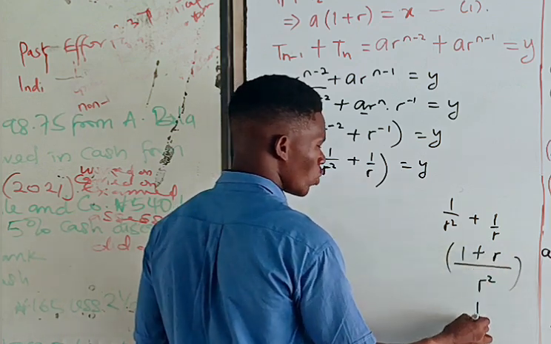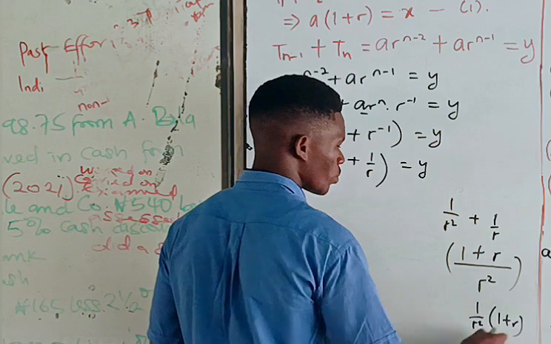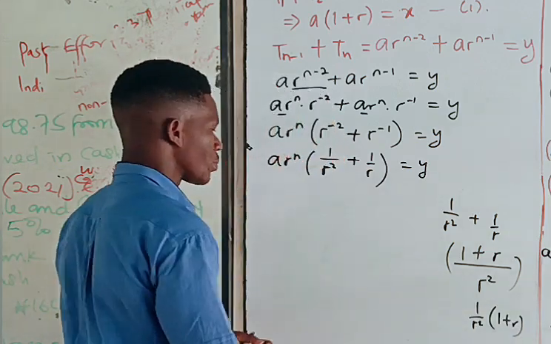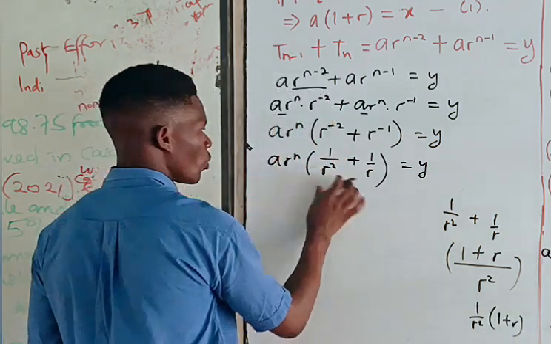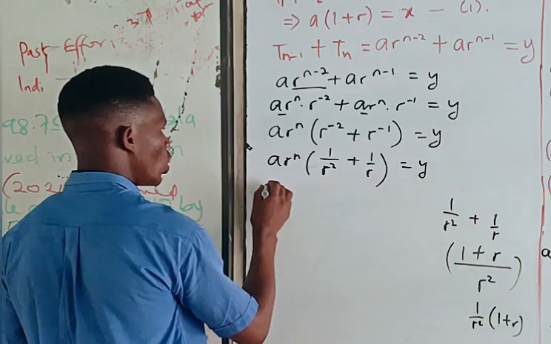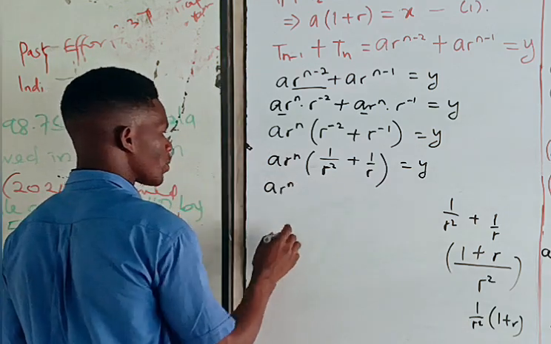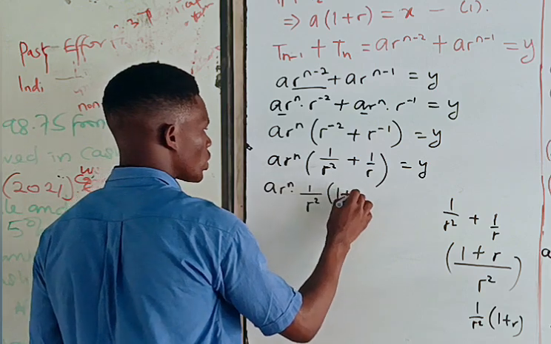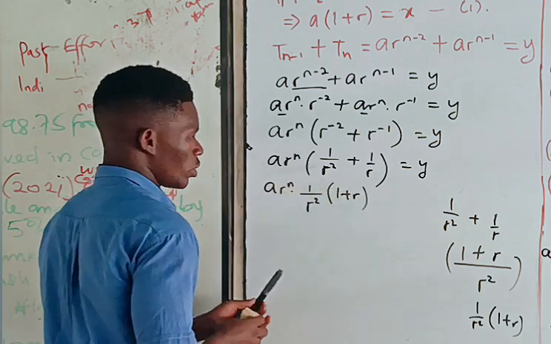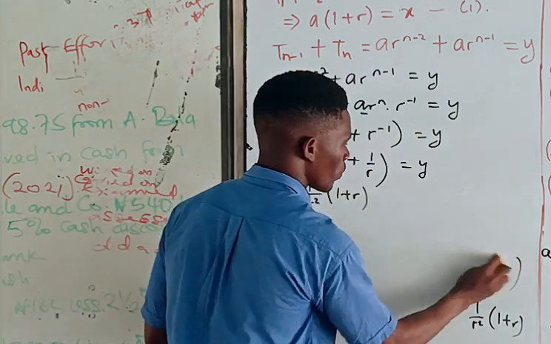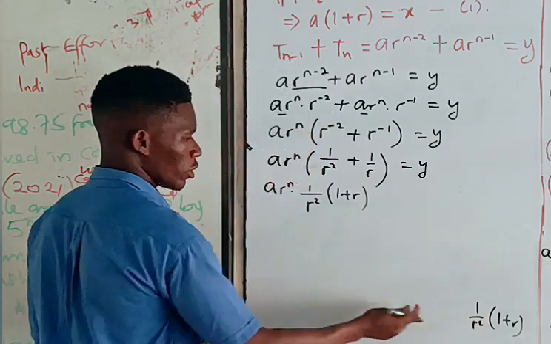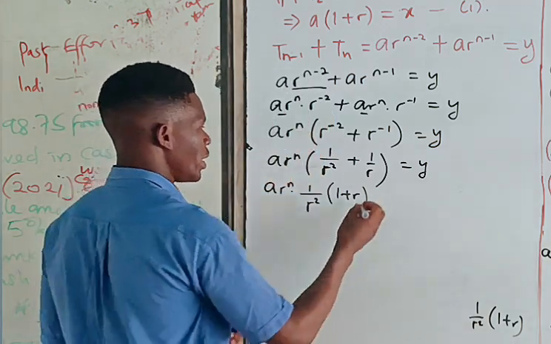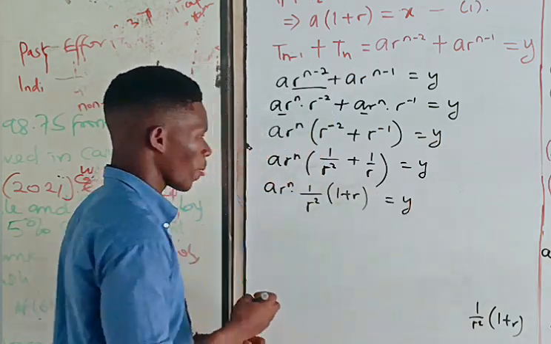We can write it as 1 over R squared into 1 plus R. So what you have in this bracket has been simplified to this. We have AR^n · 1 over R squared into 1 plus R, equals Y.